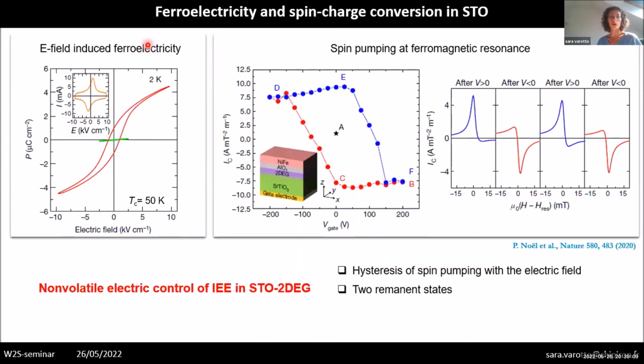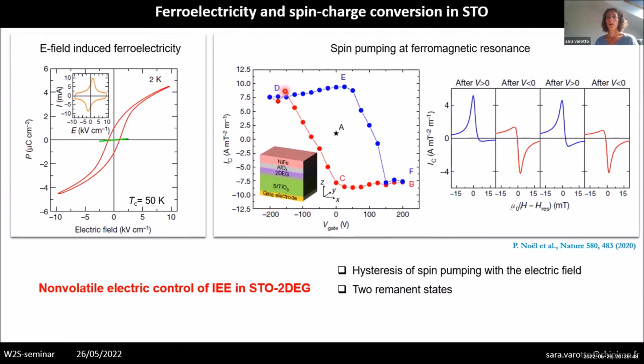Another mechanism that has been shown is that it's possible to stabilize ferroelectricity in STO by means of a large enough electric field, as described in this publication. This ferroelectric state, with a nice ferroelectric loop, is stable below 50 Kelvin, which is the critical temperature of the system. What they have shown, by spin pumping at ferromagnetic resonance, is that the current production changes sign and can be switched reversibly by changing the ferroelectric vector, applying a positive or negative voltage.